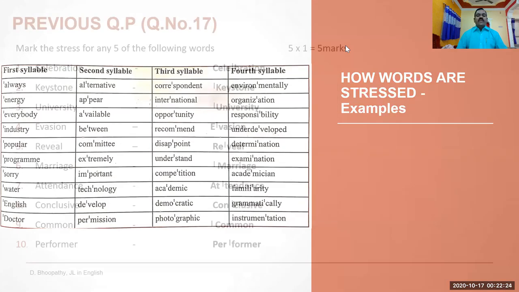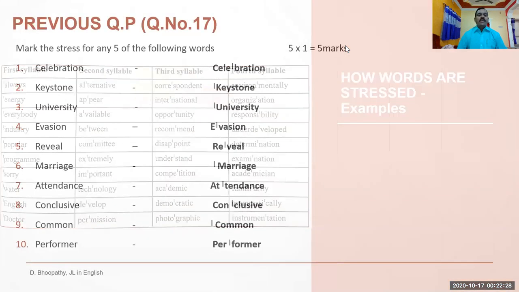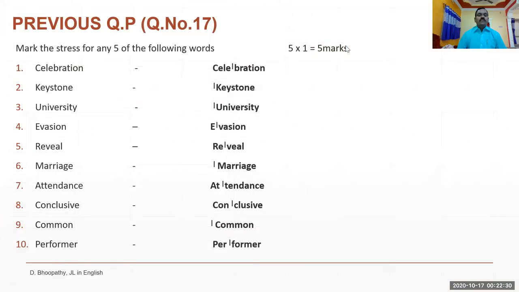Next, let us come to the examination point of view. In your IPE English paper, this is the last question, question number 17. How is the question? Mark the stress for any five of the following words. Here ten words are given: celebration, keystone, university, evasion, reveal, marriage, attendance, conclusive, common, performer.